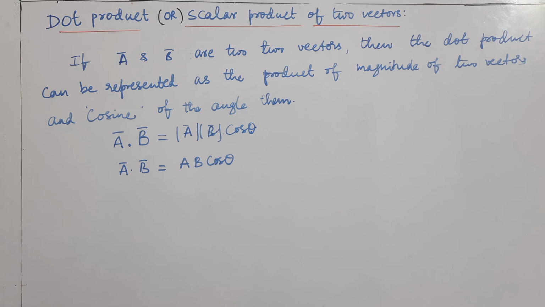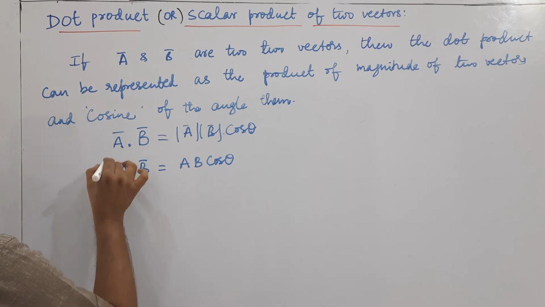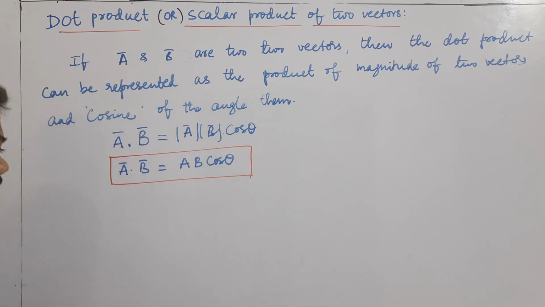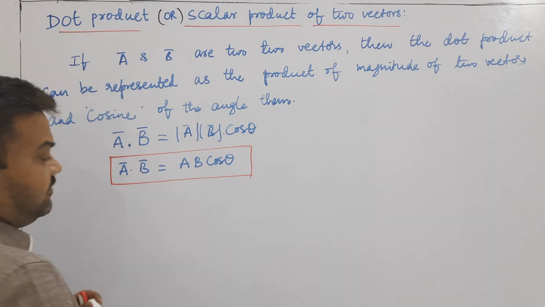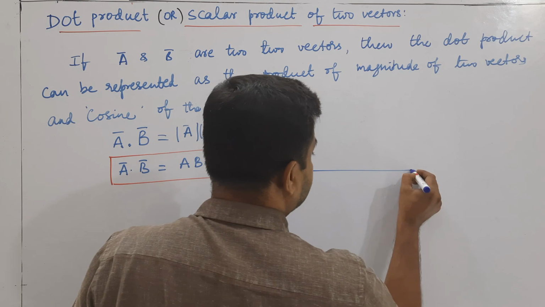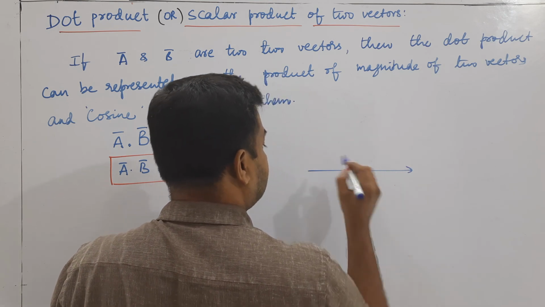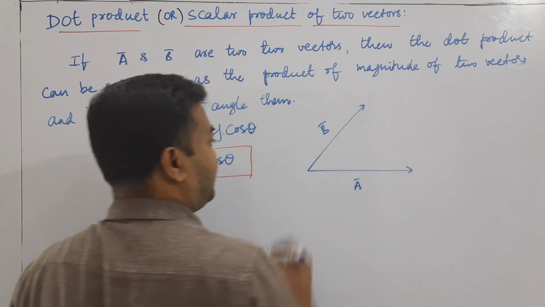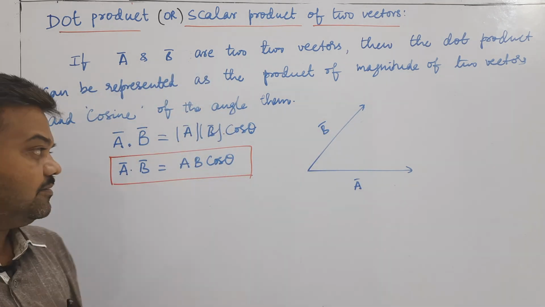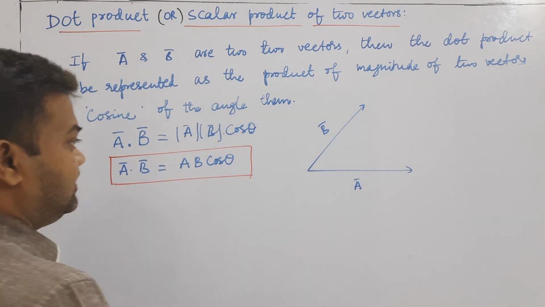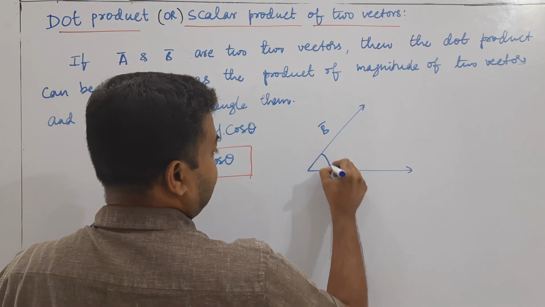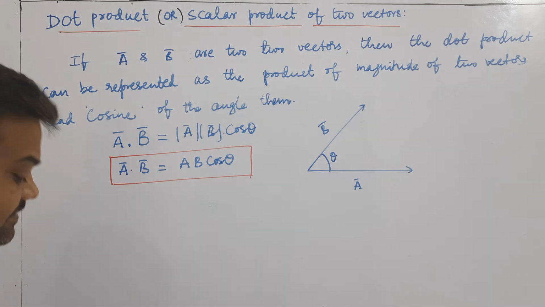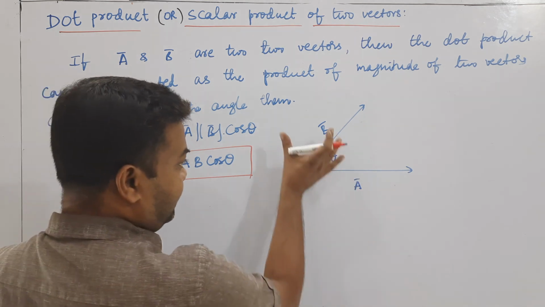Okay, like this we can write AB cos theta. Suppose a bar is a vector and b bar is another vector. If the angle between them is theta, then how can we represent it?